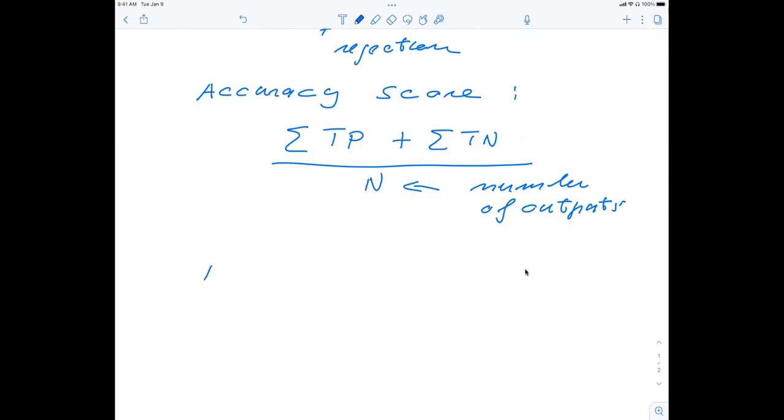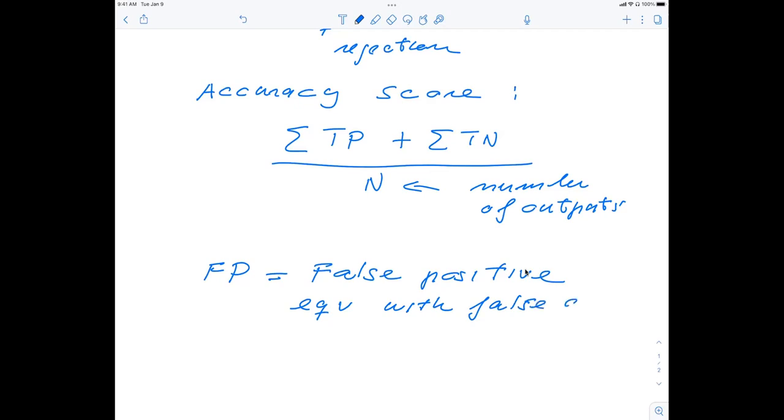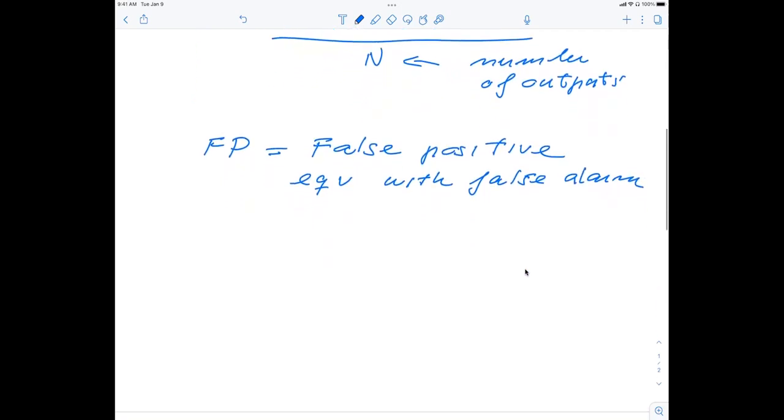And then we have different combinations of, like when you saw this confusion matrix, we have something which is called a false positive. And that's equivalent to a false alarm. That's one way of thinking of it. We have a false negative.